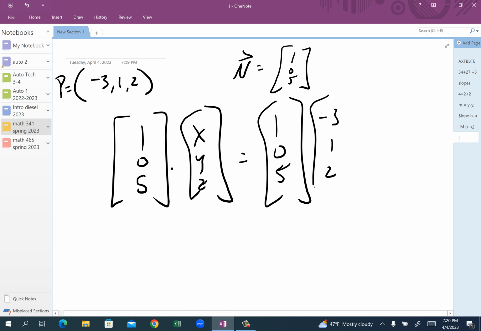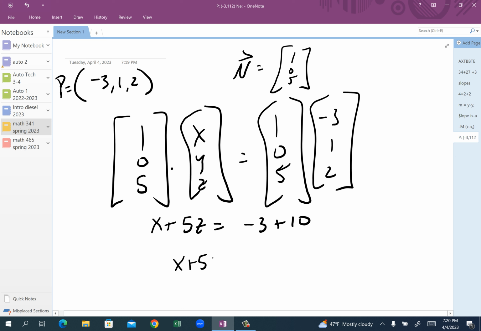Okay. If you distribute these out, you're going to get x, there's no y, plus 5z is equal to negative 3 plus 10. So x plus 5z is equal to 7. It's pretty much that easy. Okay, I wish I could make it harder. I just can't do it. I'm sorry. It's pretty straightforward there.